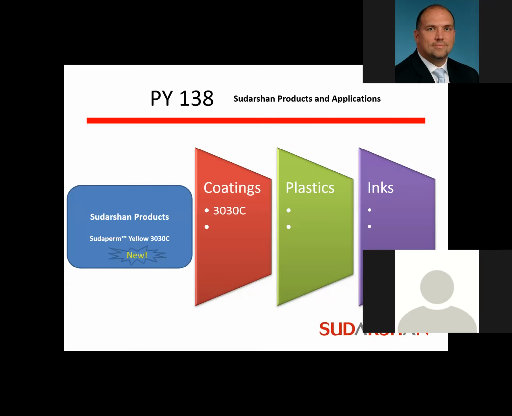From a Cedar Chem perspective, we are very honored and pleased to add this brand new chemistry to our portfolio. This is our Pseudoperm Yellow 3030C. We recently launched the coatings version and are expecting the plastics version to be launched very soon, followed by an ink version as well.